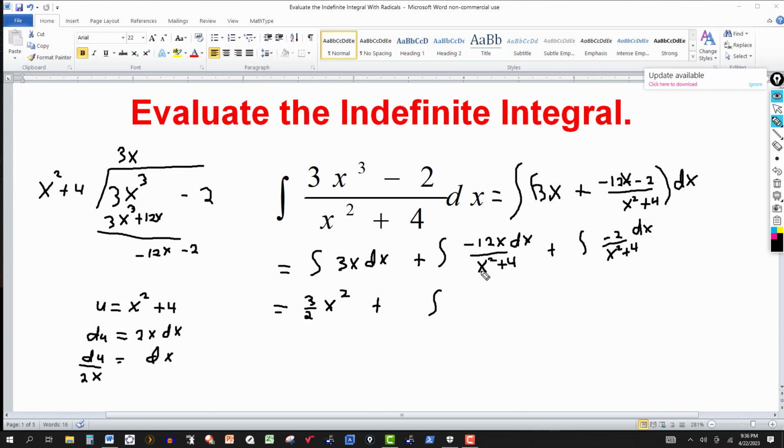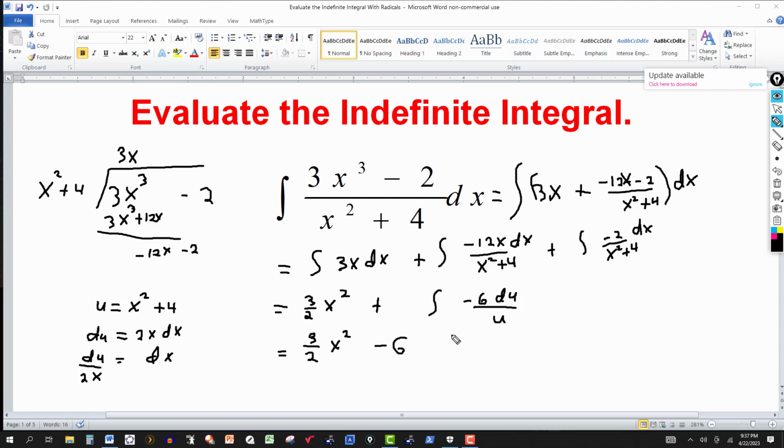So the 2 will go into the negative 12, negative 6 times. You've got an x down here, so it's going to cancel this x. This will leave me with minus 6 du over u, because x squared plus 4 is your u. So let me go here and say this is going to equal 3/2 x squared, just rewriting this again. And then remember you can take out the negative 6, so all you have is the integral of 1 over u du.